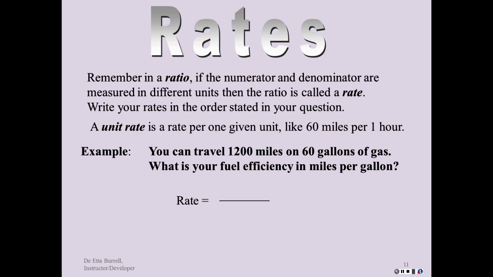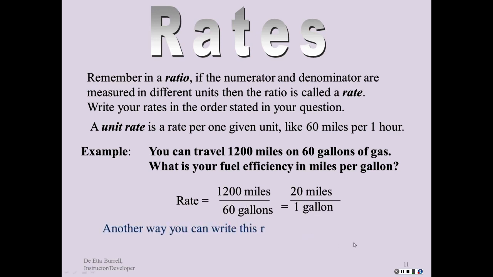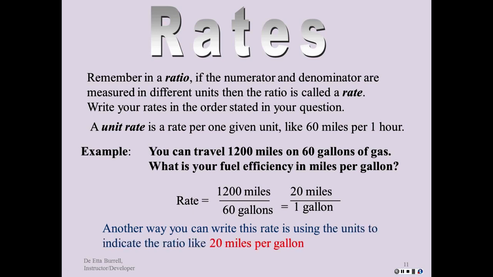So you would write your rate with the 1,200 over 60. Then you would divide by 60 to get 20 per 1 gallon. So you can rewrite your rate as, you can say 20 per 1 gallon just like this fraction if you want. Or you could write 20 miles per gallon or 20 mpg, which is the abbreviation for miles per gallon.